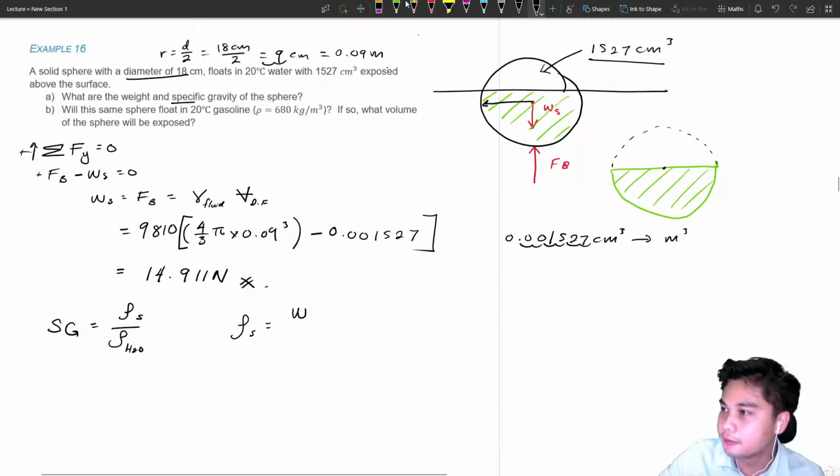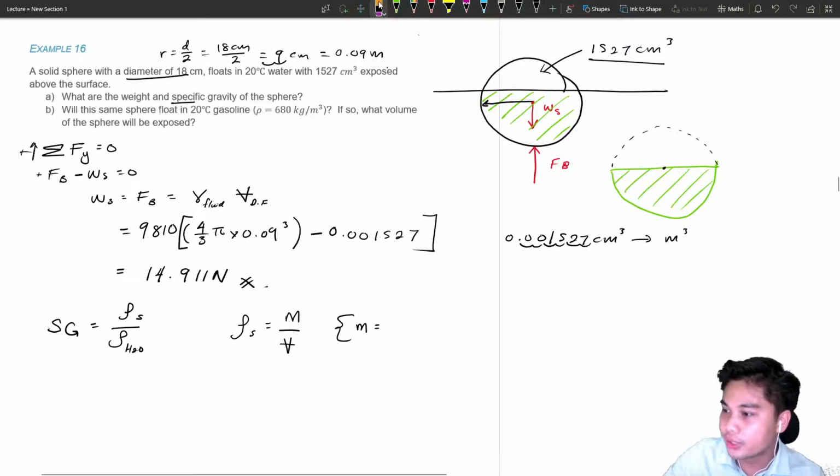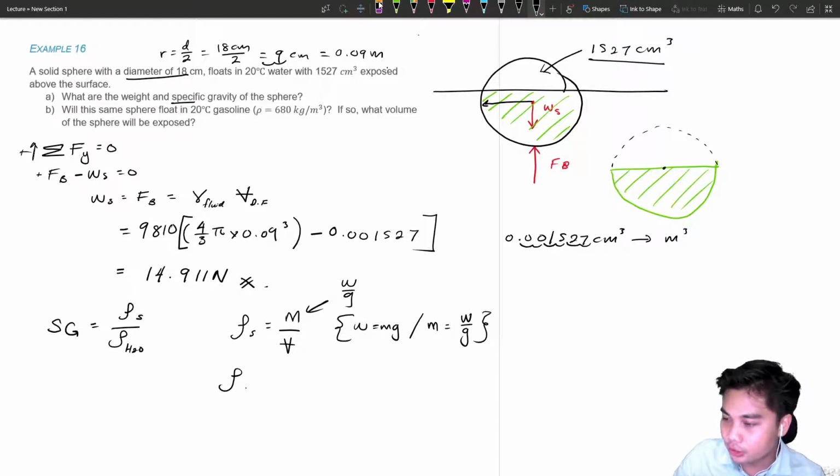The density of the sphere is mass over volume. We know the weight equals mass multiplied by gravity, so the mass equals weight over gravity. Replace the mass with weight over gravity, and you get the density of the sphere equal to the weight over gravity times volume.